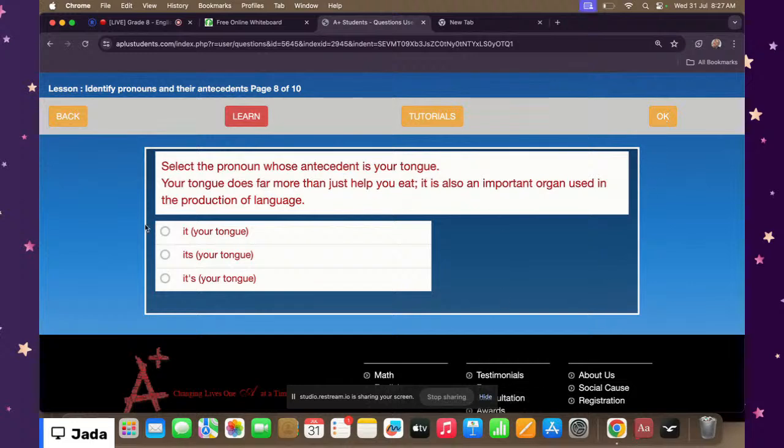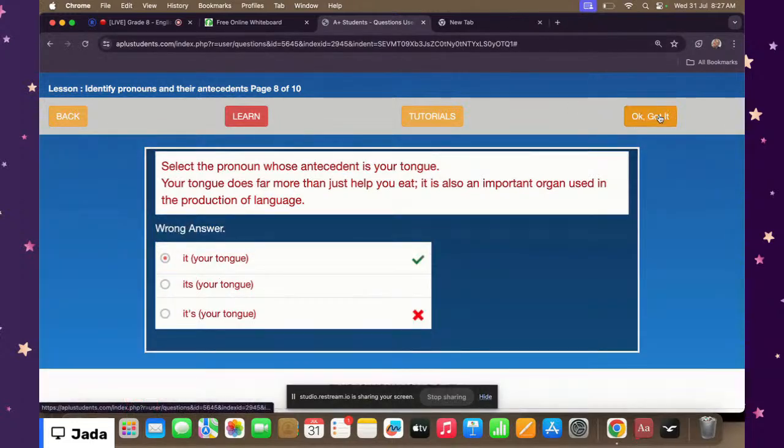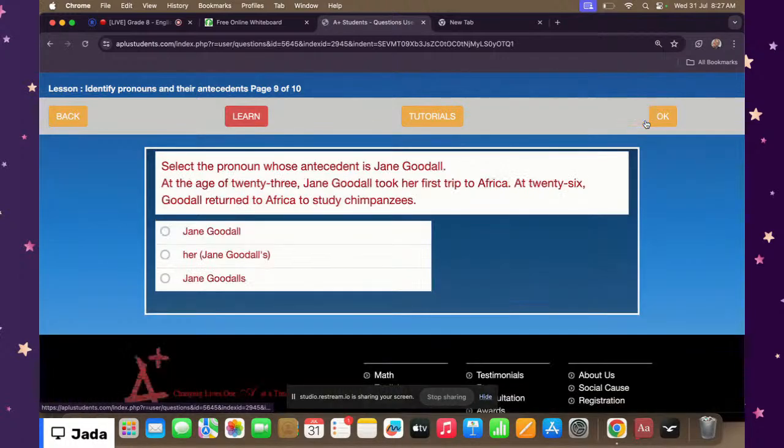So you click on this one, it is wrong, because "is" is not a pronoun, it is only "it". That is the pronoun. So you click on that and you get your answer. If you ever get it wrong, you have to scroll down and read it again, like I have said.